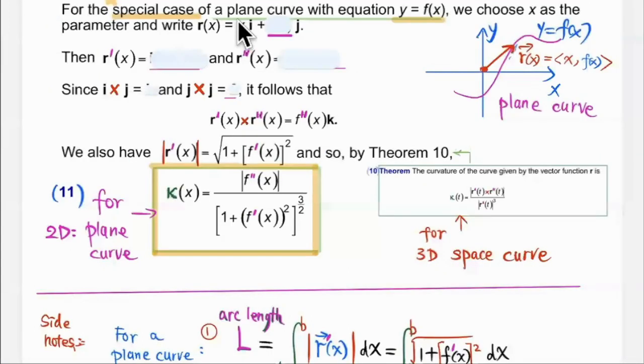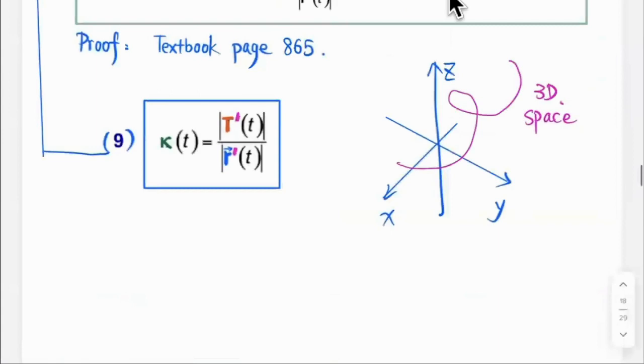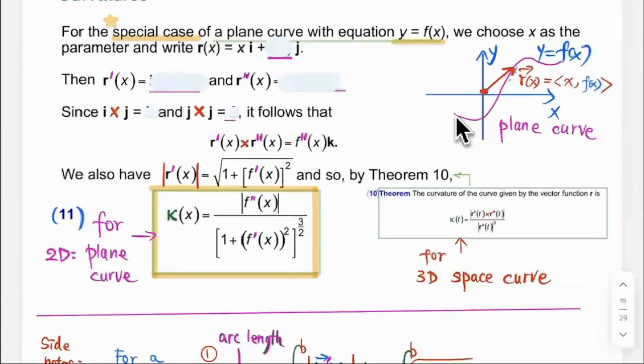Now, let's consider a special case. We have a curve on a plane. The one we have over here is for a curve in 3D. Now, let's just consider the special case when the curve is on a plane. It's a 2D curve. And let's say the equation of this curve is y equals f of x. We can choose x as the parameter.